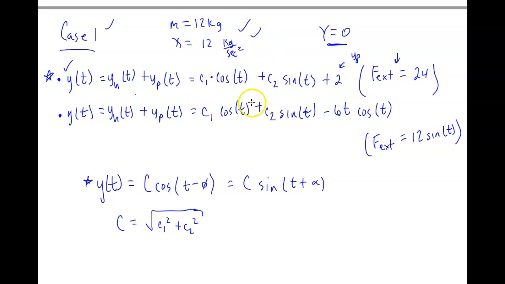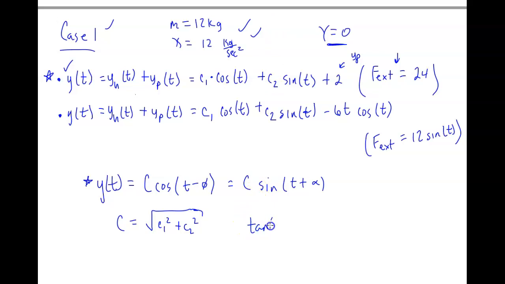Of course, those are just my arbitrary constants that are there. My angle phi that's here, most people express this as tangent inverse of C2 over C1. I'm not going to do that, just because it really does depend upon what quadrant you're in. So what I'm going to do instead is express it in a way where we still have to figure out what quadrant our angle phi would be in before we make the final assumptions here.